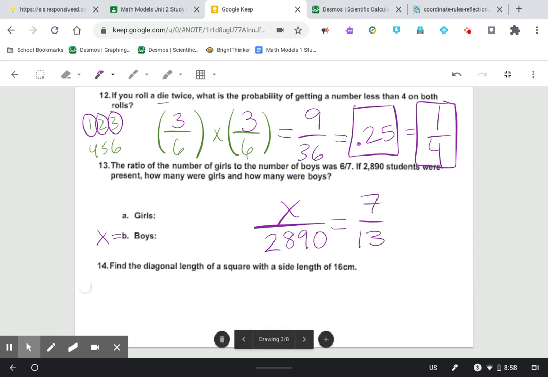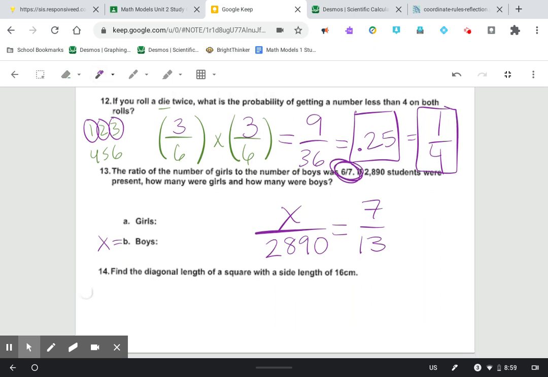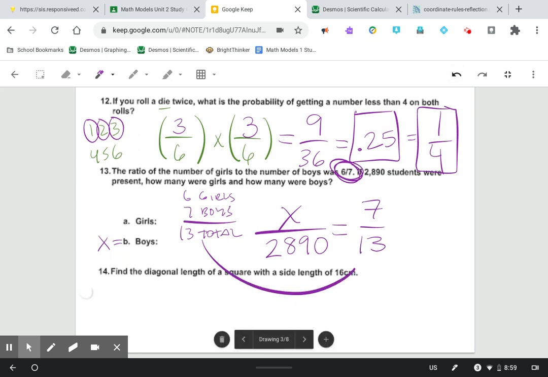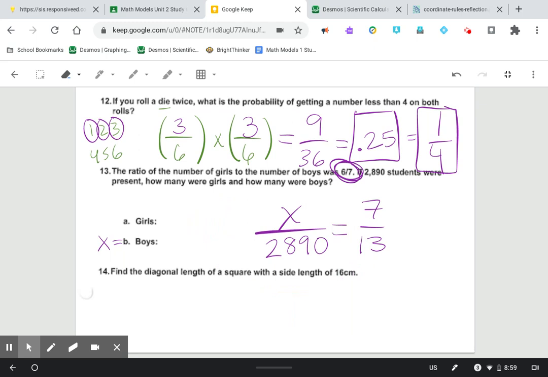So I made a little bit of a jump there, but I'm taking this fraction 6/7. I'm saying there are 6 girls, 7 boys. Therefore, the ratio has 13 total. That's where I'm getting this number. And then I'm taking the 7 from the boys to make that proportion.